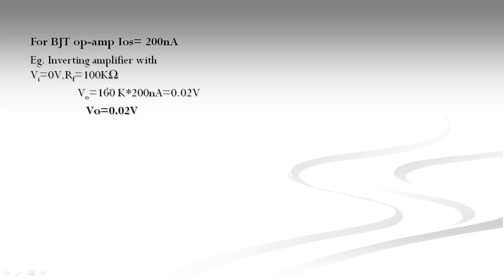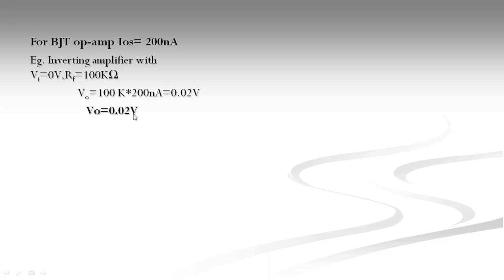From the previous equation, it is clear that V0 is going to depend on the input offset current, that is IOS into RF. RF is 100 kilo ohms, and the IOS value we are taking here is 200 nanoamps. So we are getting the error voltage of 0.02 volt. So in presence of the input offset current in the circuit, for the feedback resistor value of 100 kilo ohms, for the input of 0 volt, we are getting some amount of error voltage or offset voltage of 0.02 volt.